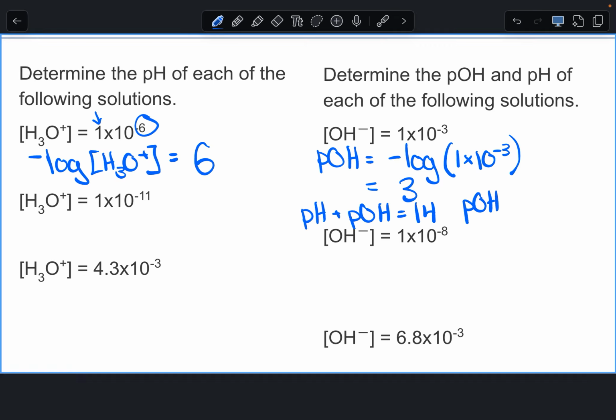So pH should be equal to 11. Okay, so do those other 4, following kind of the same general format. Make sure you're comfortable with these. And then we'll check answers and probably stop there.